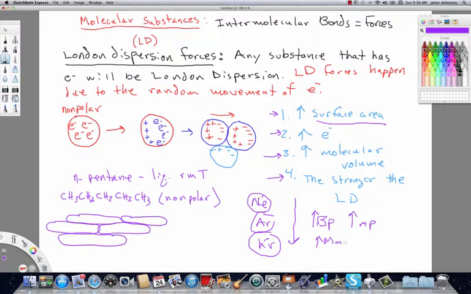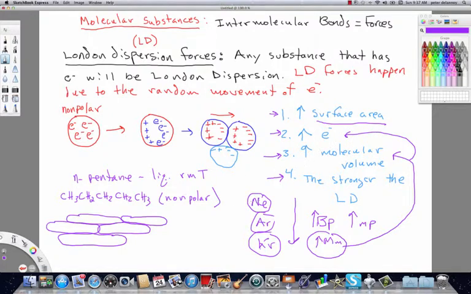A lot of textbooks will say this is because we're increasing the molar mass, which is true. But you need to lock in the idea that increasing molar mass does two things. It increases the molar volume in which electrons can move, and it increases the number of electrons.